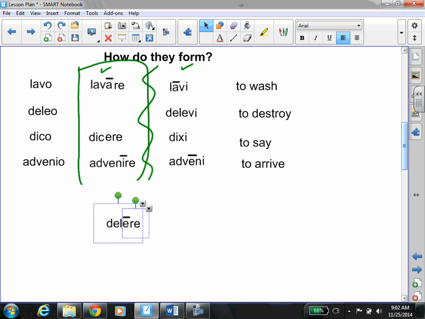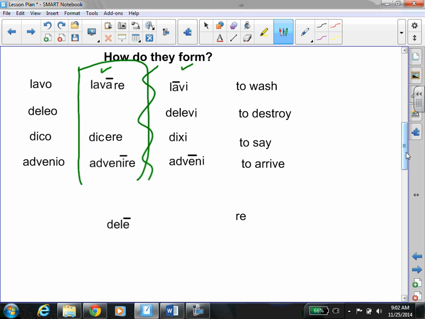If I have delere, come over here, I'm going to take off that RE. That gives me the present stem. So I can add an S, a T, a mus, a tis, or an unt to the end of that to create second person, third person, first plural, second plural, and third plural.